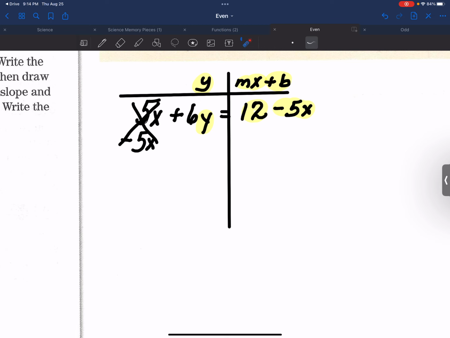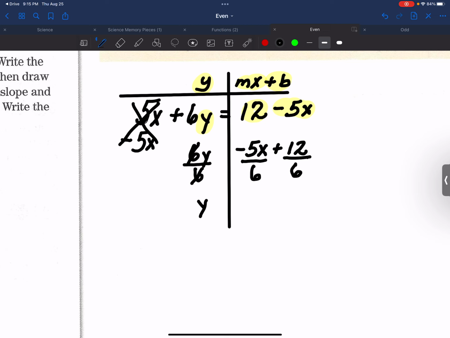Okay, the first thing I'm going to do is go ahead and write it in the proper form. So we have the y term equals mx plus b. So that all that I have left is that 6. So we're going to divide it from this side, and we're going to divide it from this term and this term, so that it will cancel here, and we're left with y.